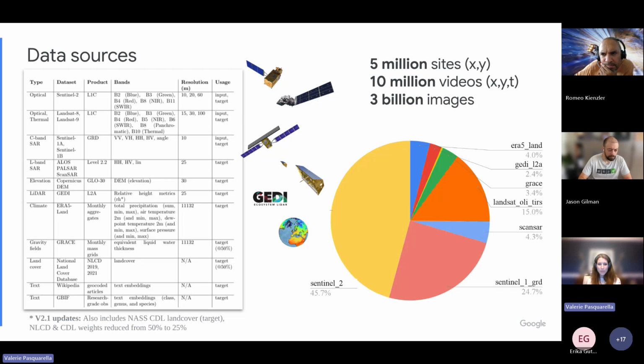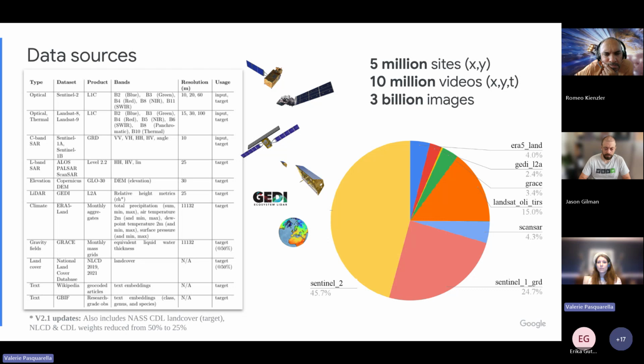We've got a little bit of weak supervision with the National Land Cover Database, and we more recently added the USDA NASS CDL labels and tuned down the weights there a little bit, and some text information coming in from Wikipedia and GBIF points. In total, our pre-training data set includes about 5 million sites distributed globally, both in terms of places where we had text information and sampling ecoregions to make sure of good representation.